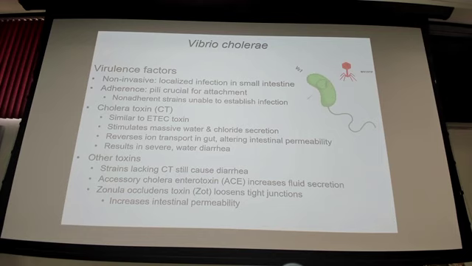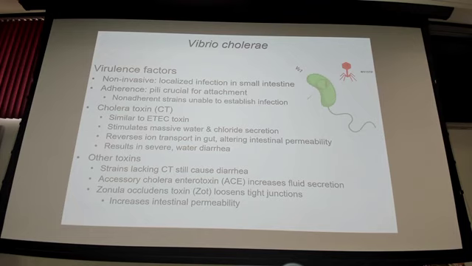That cholera toxin acts very much the same way that ETEC does. So the symptoms and the presentation of cholera are similar to the presentation of ETEC. Watery diarrhea, probably worse because you have additional toxins with Vibrio cholerae as well. So not just the cholera toxin, but you have zona occludens toxin, which will loosen up tight junctions between epithelial cells. You've got those accessory cholera enterotoxins, which will also contribute to that pathology.